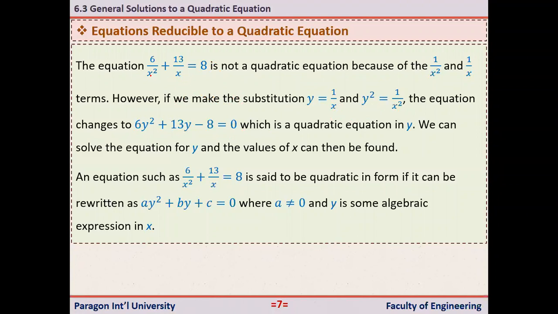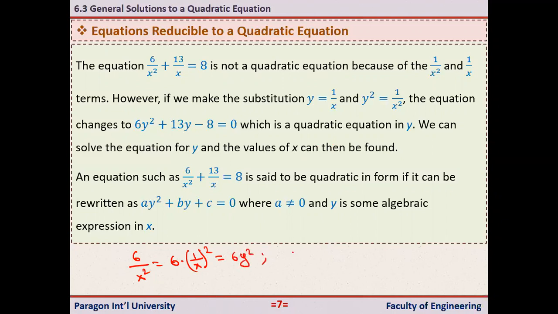And if you substitute here, the 6 over x squared is equal to 6 times 1 over x squared, right? So 1 over x is equal to y, that's equal to 6y squared.